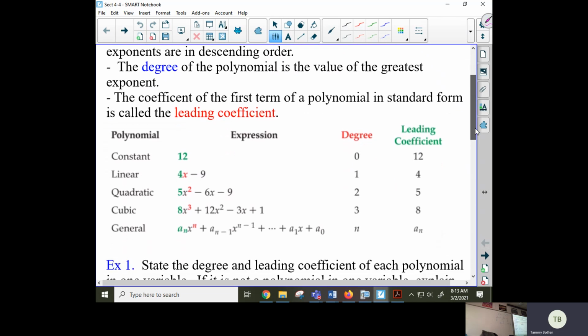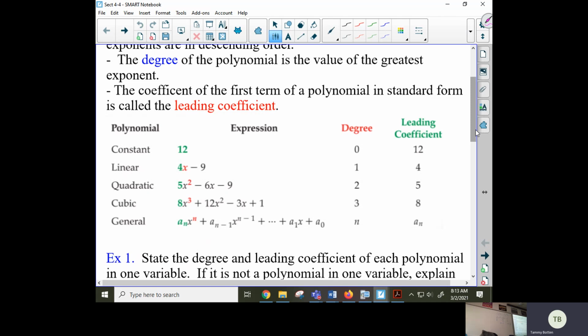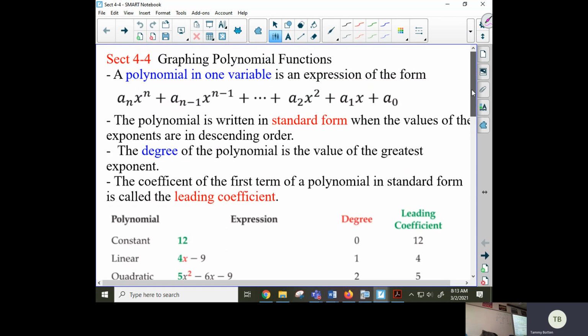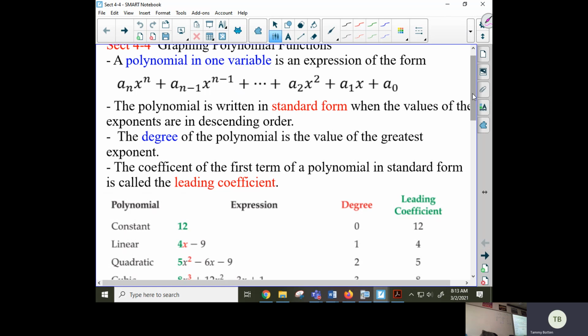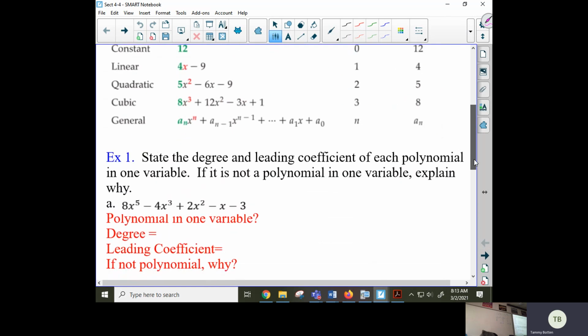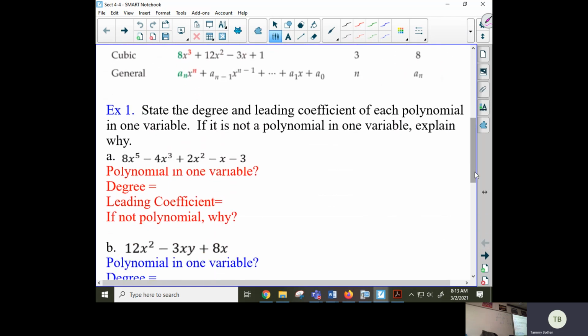We're going to talk about, first of all, one of the things they're going to ask us for is: is this a polynomial in one variable? Okay. And if it is, we have to state the degree, which we've done before.